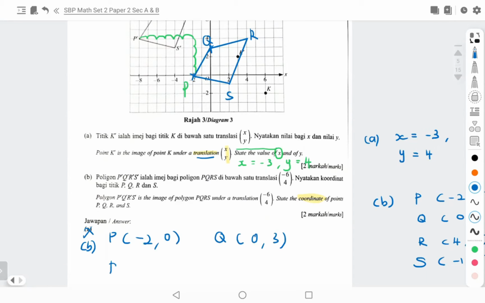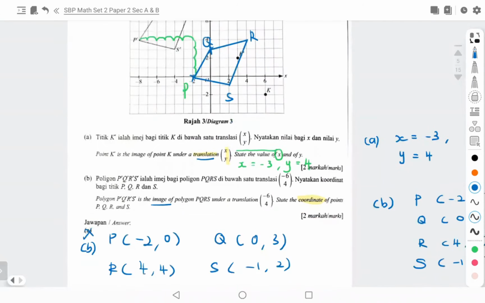R is 4, 4. And S is -1, 2. That's how you get the coordinates of the original. So you must read the questions carefully. Nowadays, the questions are all very tricky. So you need to read carefully.